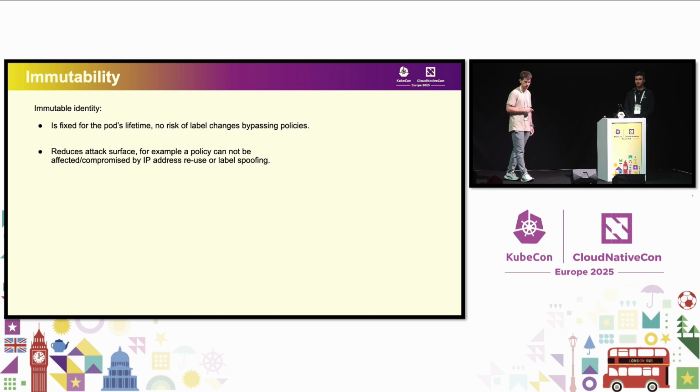If a pod is compromised and the IP address is reassigned to a different pod, right? Sorry, I forgot about that. So there have been cases where a pod came up, and then it got an IP address.